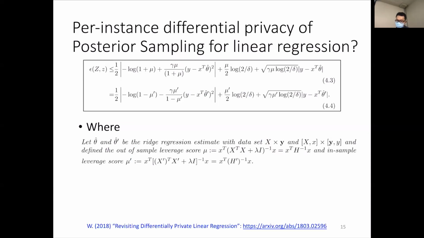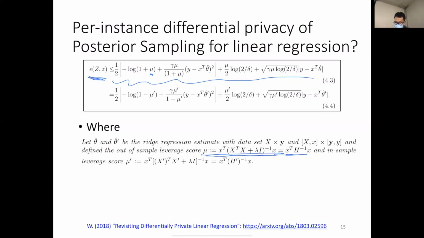So for the posterior sampling mechanism for linear regression, I won't go into details, but we can work out that an epsilon-delta per-instance DP upper bound is given by this complicated formula. Let me parse this formula for you a little bit. First of all, this mu is given by this quantity.